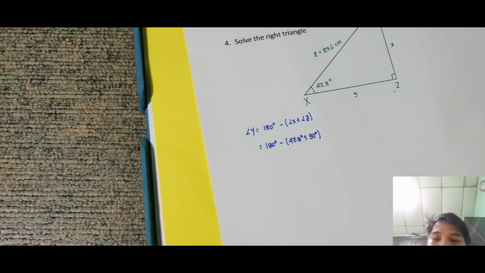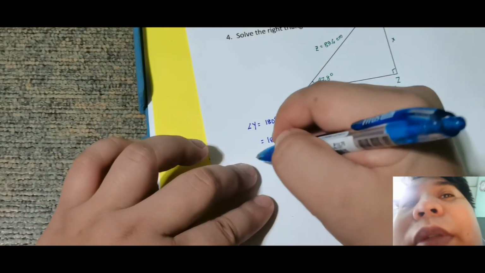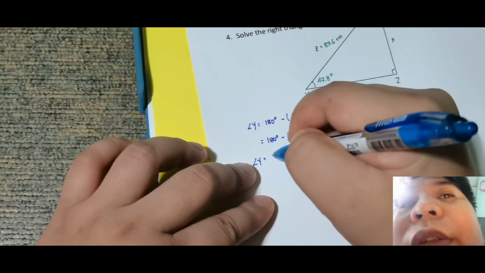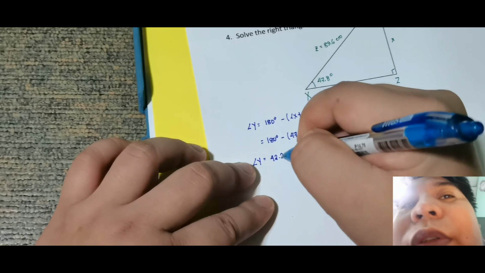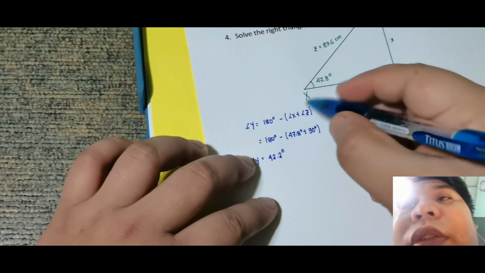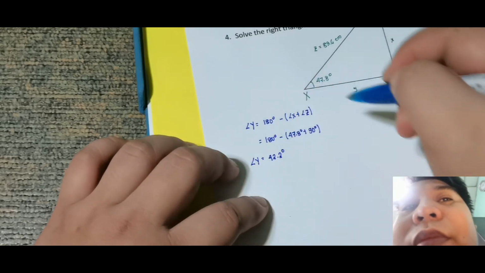Okay, then pag kinalculate, syempre that is 180 minus 47.8 minus 90. Okay, so that is 42.2 degrees. So angle y is equal to 42.2 degrees or 42.20. Pwede rin naman yan.